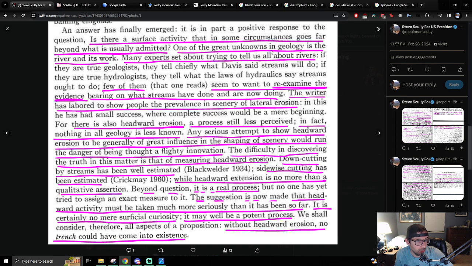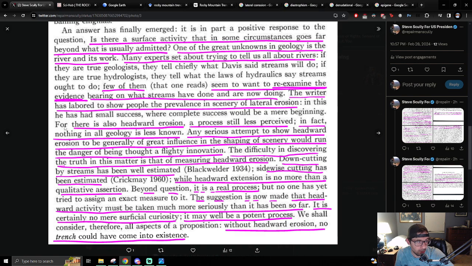One of the great unknowns in geology is the river and its work. Many experts set about trying to tell us all about rivers. Few of them seem to want to re-examine the evidence bearing on what streams have done and are now doing. The writer has labored to show people the prevalence in scenery of lateral erosion.